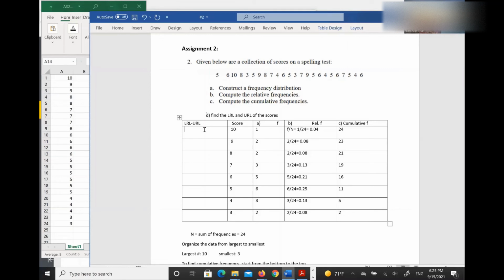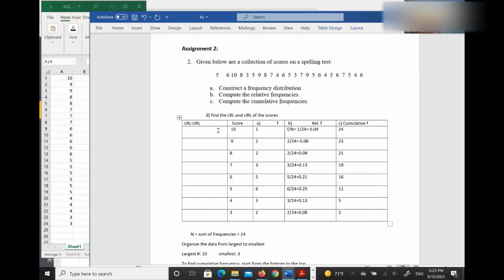All right. So try it first, everyone. You can start from the top down or you can start from the bottom up. Either way is okay. What would be the LRL or the URL of the score 10? Everyone try it first. The lower limit and the upper limit of the score 10.